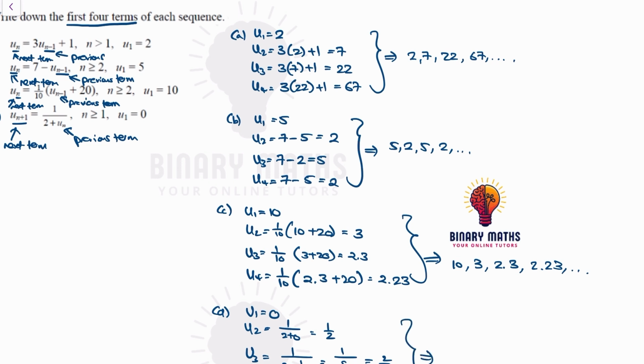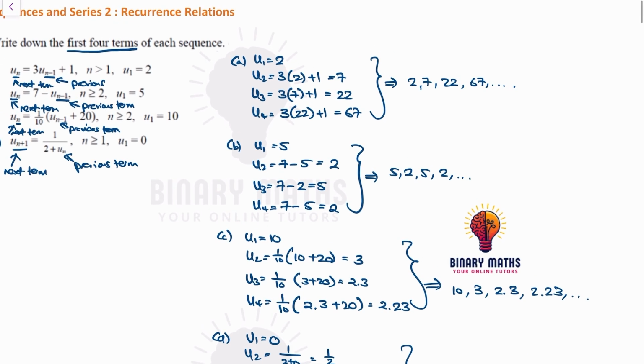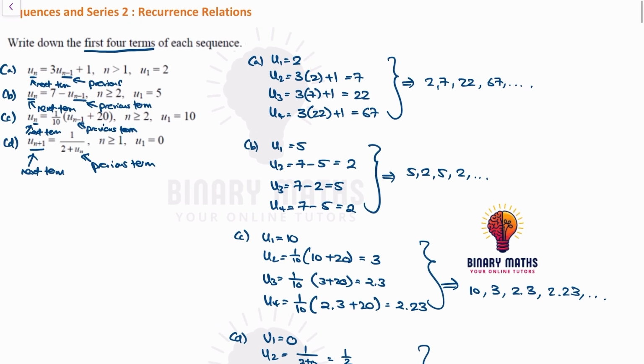Which implies the sequence is 0, a half, 2/5, and 5 over 12. So this is how you use the recurrence relation notation in order to form sequences.